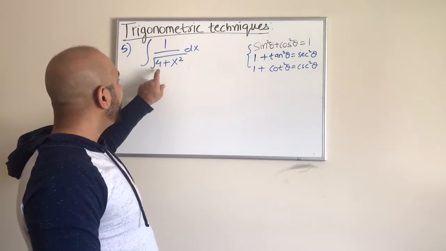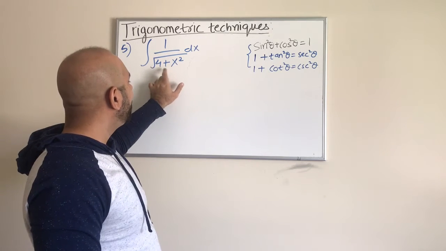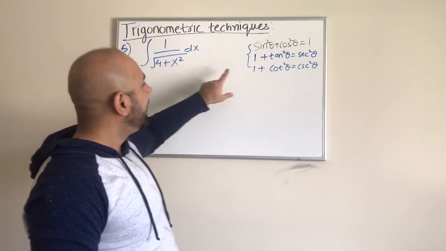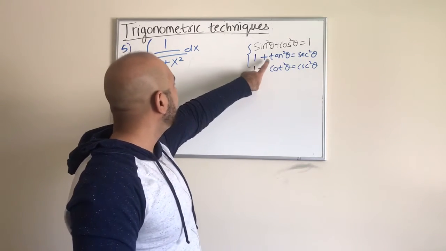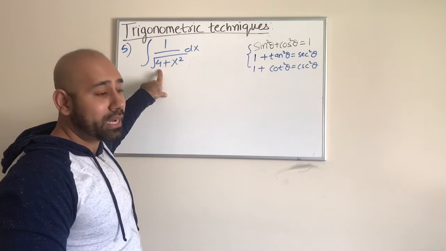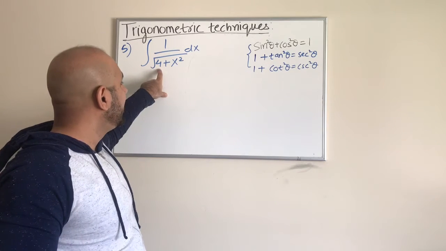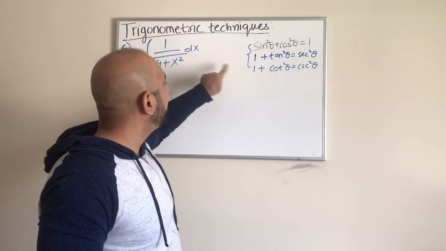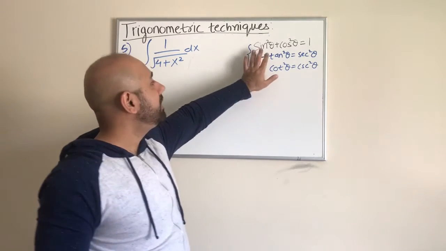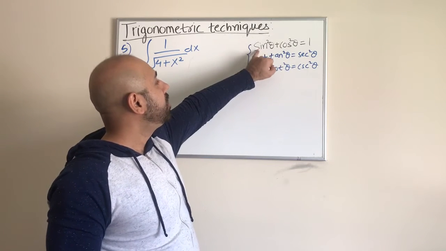So guys, here I am going to go back and look at the denominator. I have a 4 plus x squared. So there's a plus here. Since there's a plus here, that suggests that I may want to use something like this, because this 4, I can transform to a 1 by just dividing by 4, right? So if I can make this 1, then this is going to resemble either this one or this one rather than this one, because you can see on the left hand side there's a plus in all 3 of them, but there's no 1 here, right?